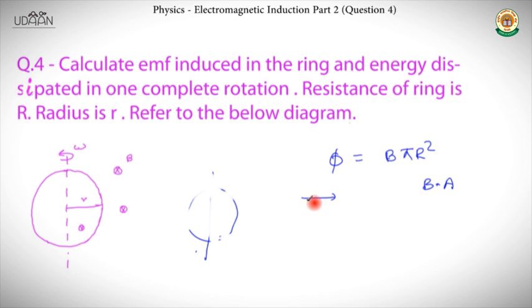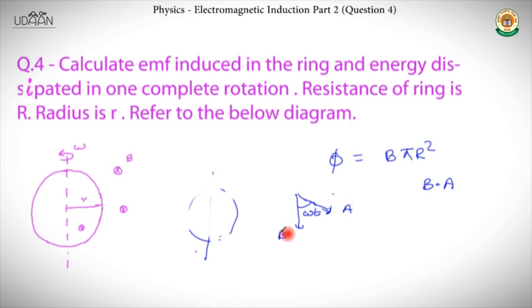At any time t, the area vector would make an angle of omega t with the B vector.